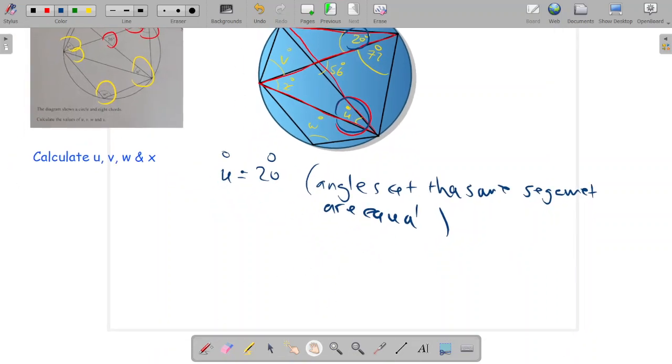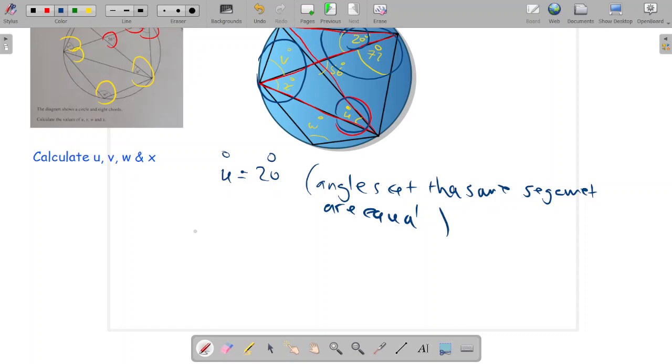Okay, after finding u, the next step is to look at this now. Let's say that v and x, and 20 and 72, are opposite angles of a cyclic quadrilateral.